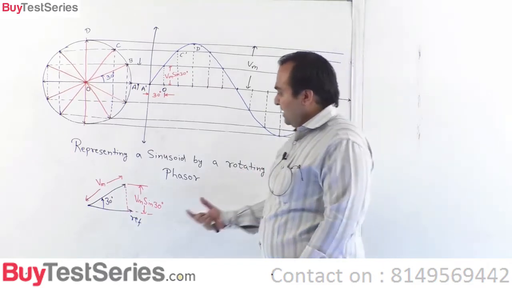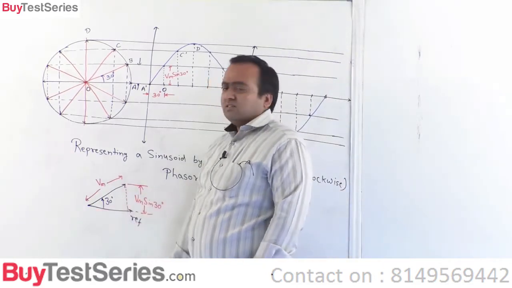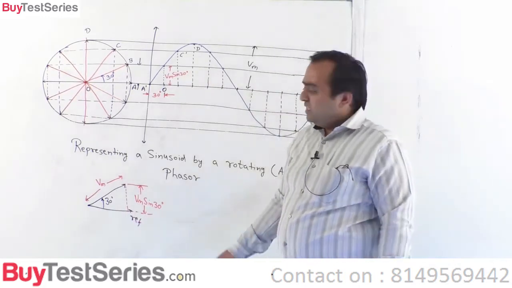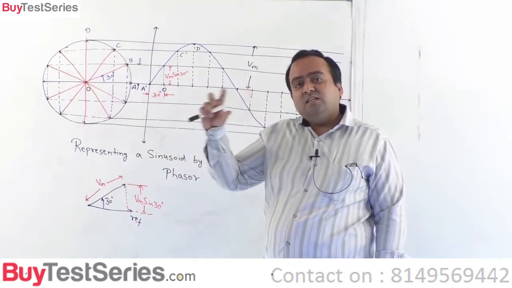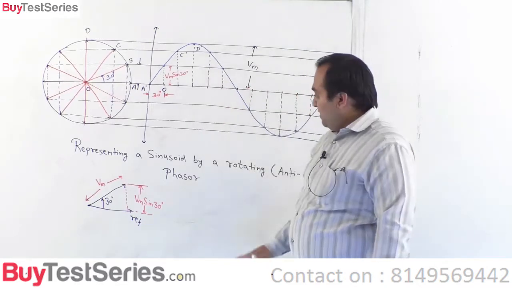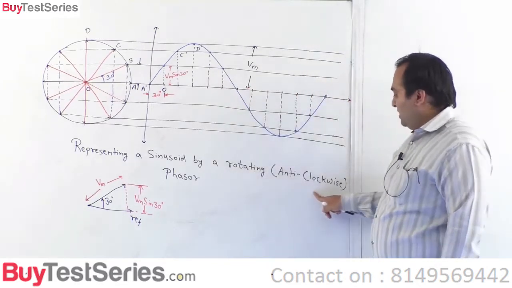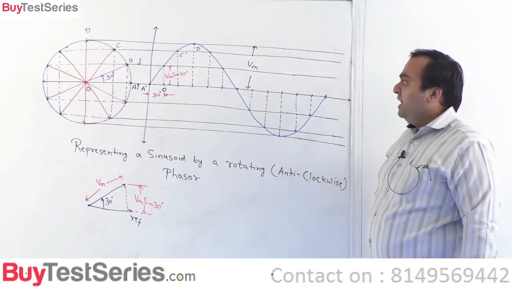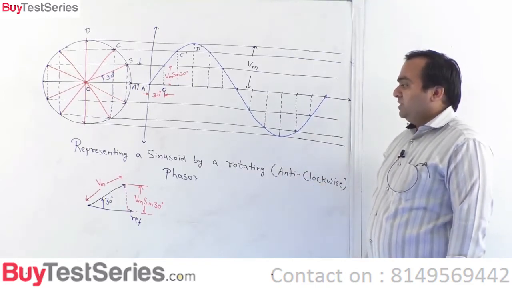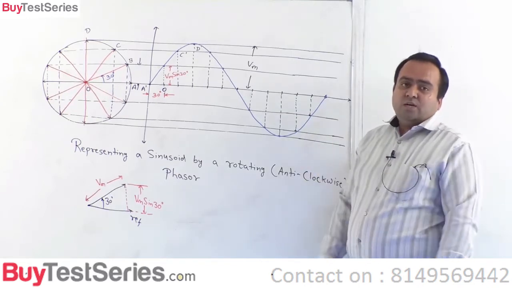Horizontal projection doesn't make any sense. This is the horizontal projection, Vm cos 30 degrees, it's of no use to us. But vertical projection is always the instantaneous value of the phasor. We call it the anti-clockwise rotating phasor, and this is the reason why anti-clockwise direction is called the positive direction of rotation.